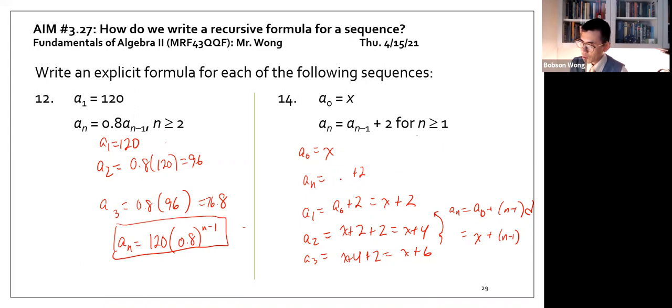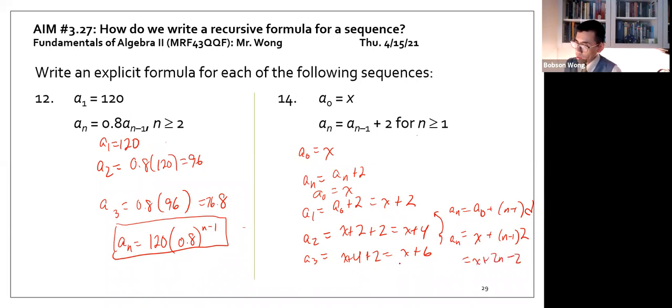And we can see here that the common difference is 2, because when we go upwards in the sequence, we are adding 2, so the common difference is positive 2. And so this is a sub n. And so this is going to be x plus 2n minus 2.